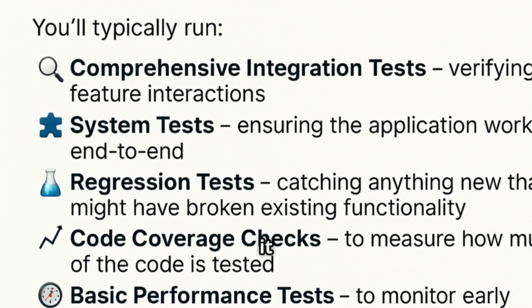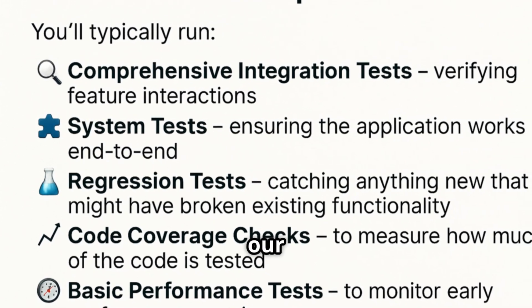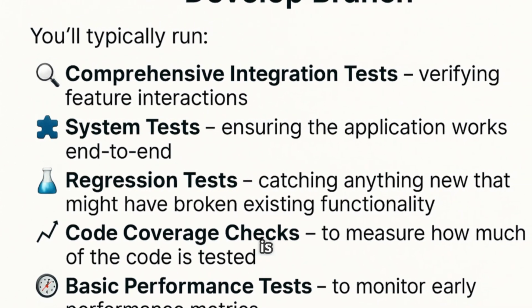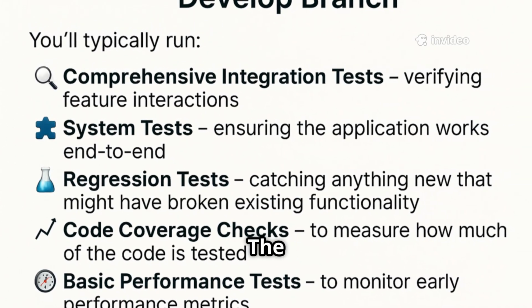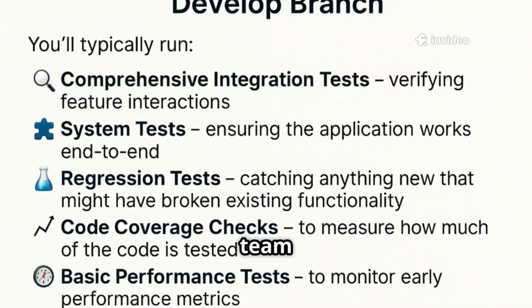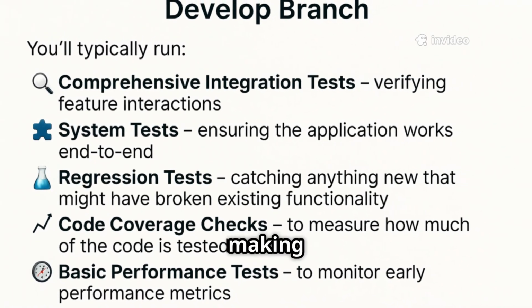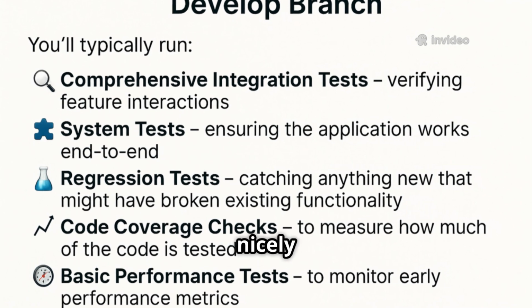Once your feature is ready, it gets merged into the develop branch, our main integration point. This is where things start to scale. The develop pipeline focuses on team integration and stability, making sure that everyone's code plays nicely together.